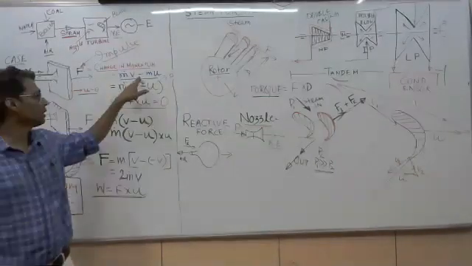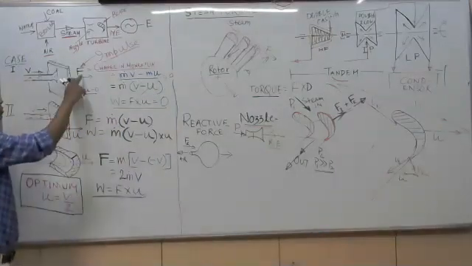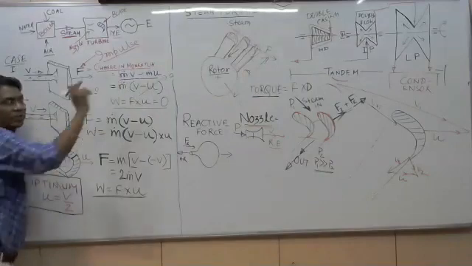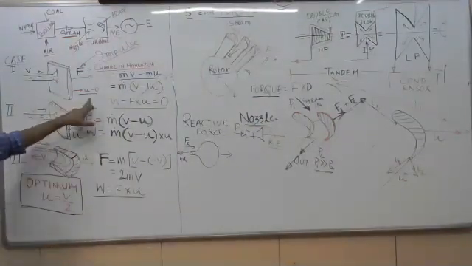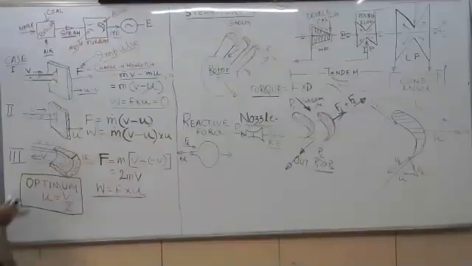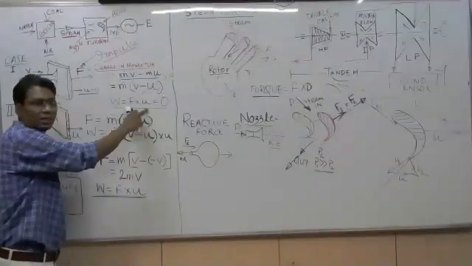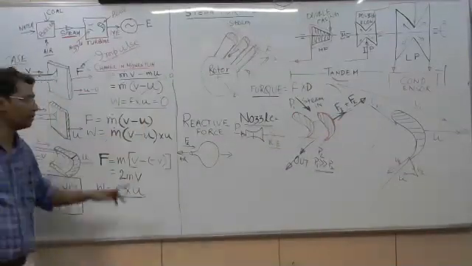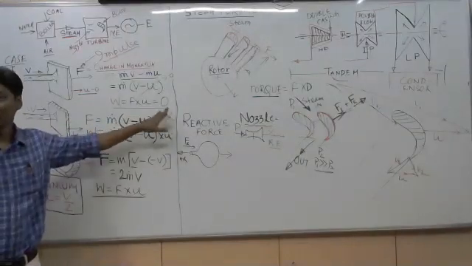So the change in momentum is mv minus 0, and that is the force exerted on the plate. Now the plate is not moving; the velocity of the plate is 0. The work output formula is work equals force into displacement, which is the basic fundamental of higher secondary level. Since U is 0, the work output is 0.